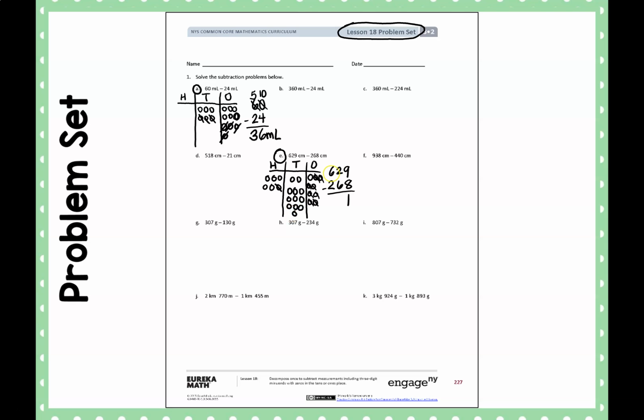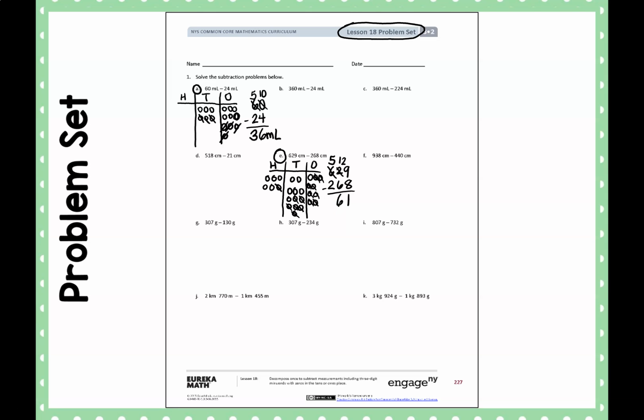Okay, so in my standard algorithm, I'm going to cross off my 600s, turn it into 5. Then my 2 becomes a 12. So now I have 12 tens. Can I take away 6 from 12? Yes, I can. Let's go ahead and cross those off. Okay, how many tens do I have left over? 6.